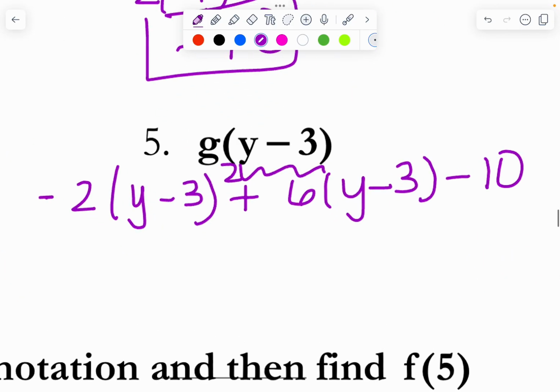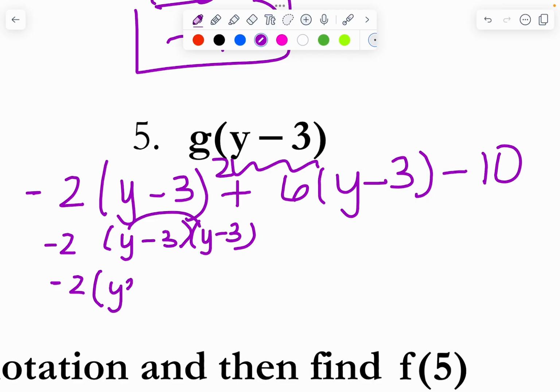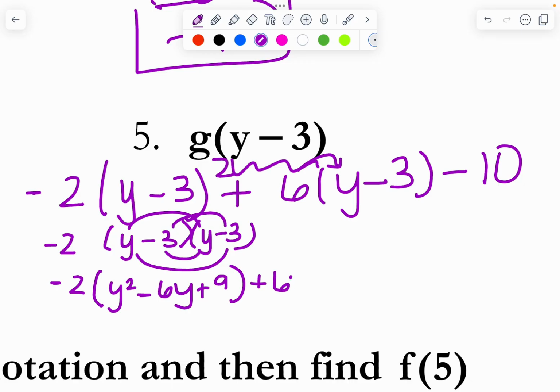So I have to go ahead and use FOIL with this, y minus 3 times y minus 3, and then I would multiply by negative 2. So I have negative 2 and I have y squared, this becomes minus 3y, which is minus 6y, and then plus 9. Here I'm going to use the distributive property, so I have plus 6y, minus 18, minus 10.